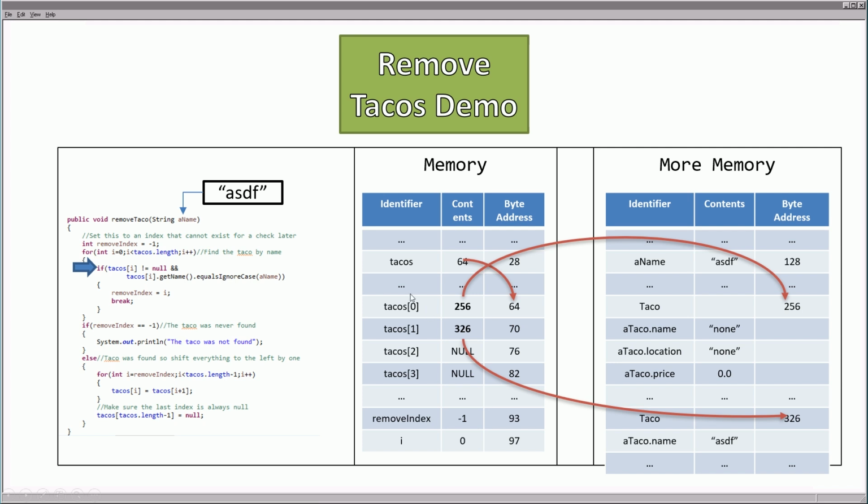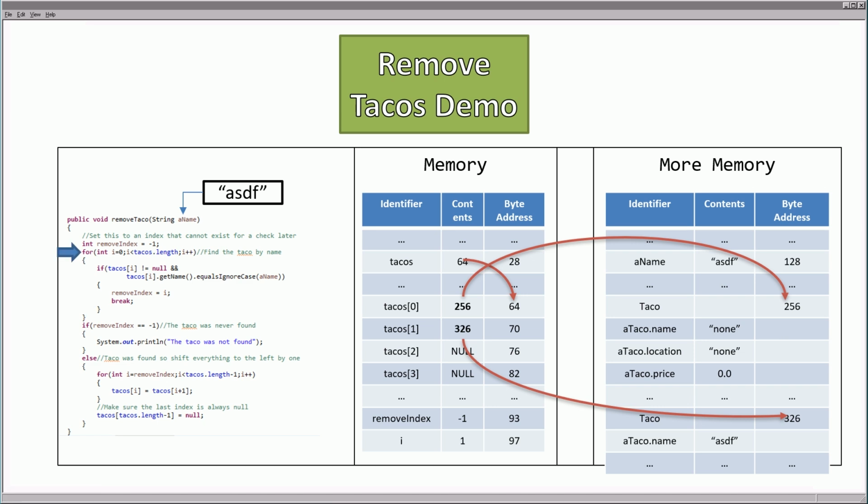Tacos at index 0 is not null. We need to get the name, and then we call equalsIgnoreCase on the name. Now remember, this is tacos at index 0, which points to here, and this taco's name is none. None is not equal to ASDF, so we ignore that.